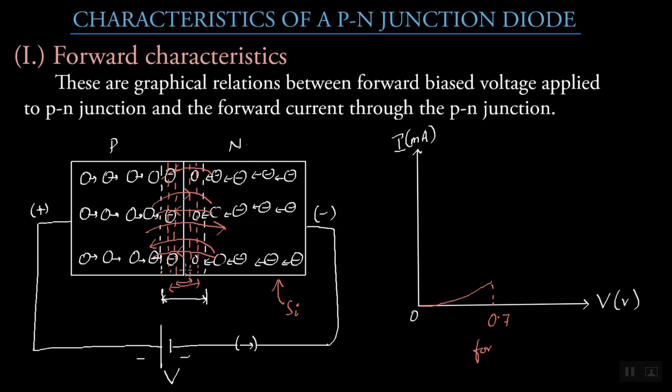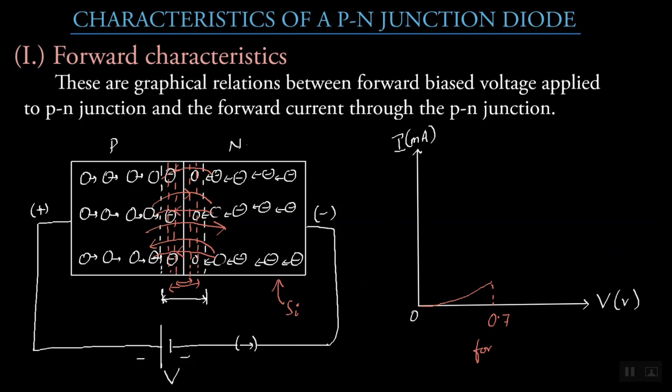There is no more depletion layer out here. So when there is no more depletion layer, there is a free movement of charges from the N side to the P side and from the P side to the N side. Now this behaves as a conductor.